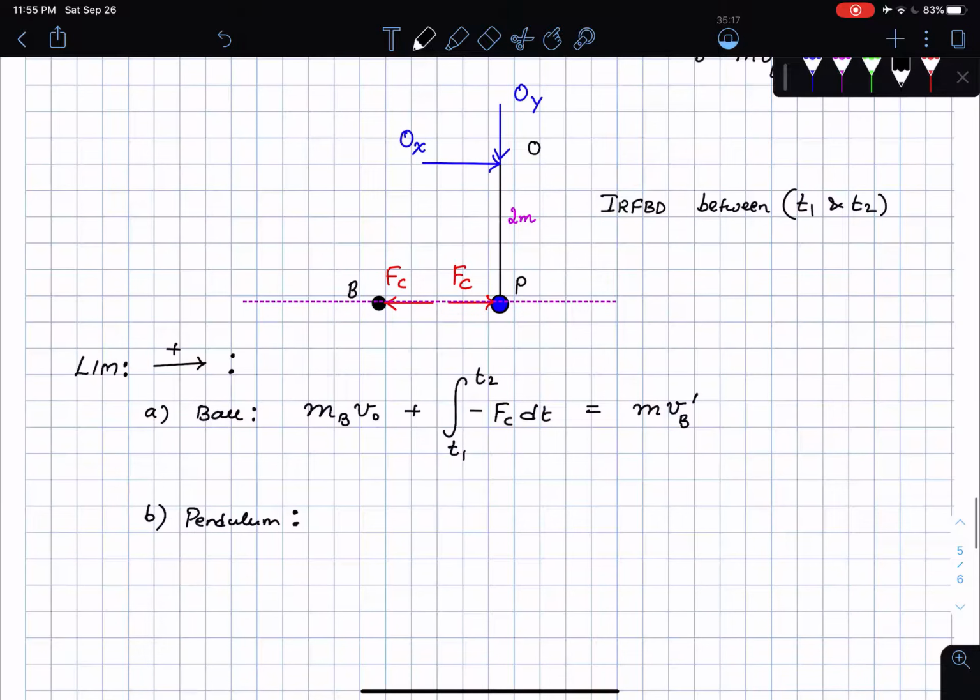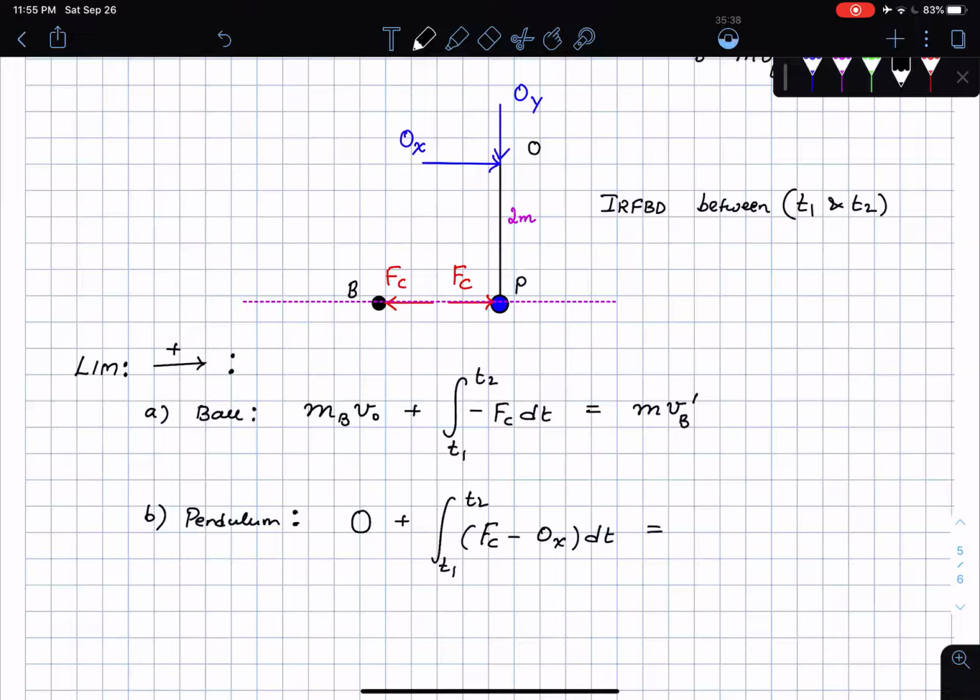Right? So this is going to be 0. And then between time t1 and t2, what is the net force acting in the direction of the impact? Look at this very carefully. The net force acting in the direction of impact is going to be Fc minus Ox. Do not forget that pin reaction.